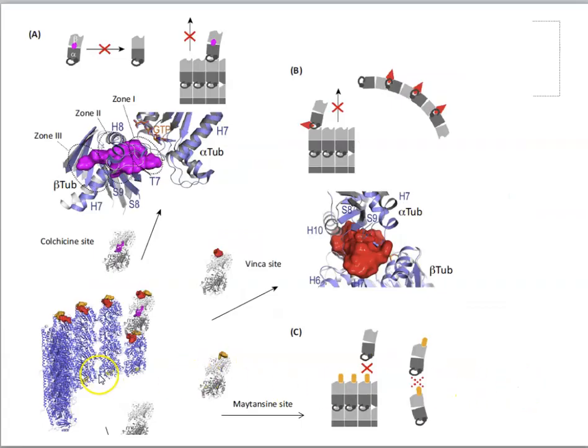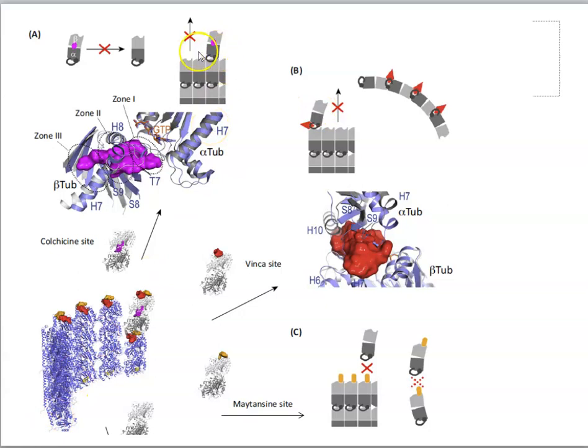So this is just shown in a little bit more detail, showing the vinca site, which is present on top of the beta subunit. When vinca alkaloids are bound, that creates a little wedge, and that will push the growing protofilament off at an angle, and that will alter microtubule dynamics quite significantly.